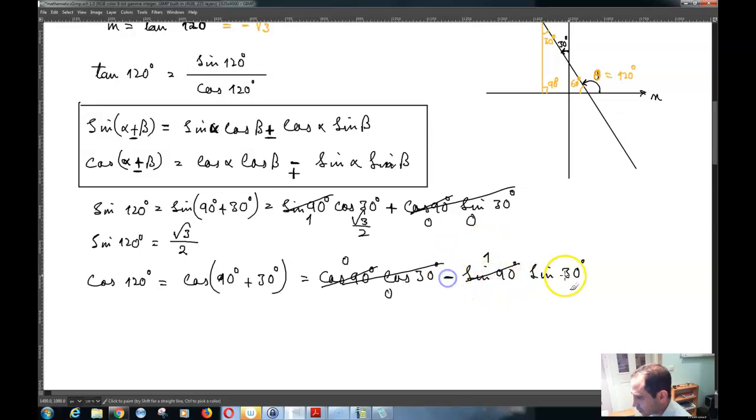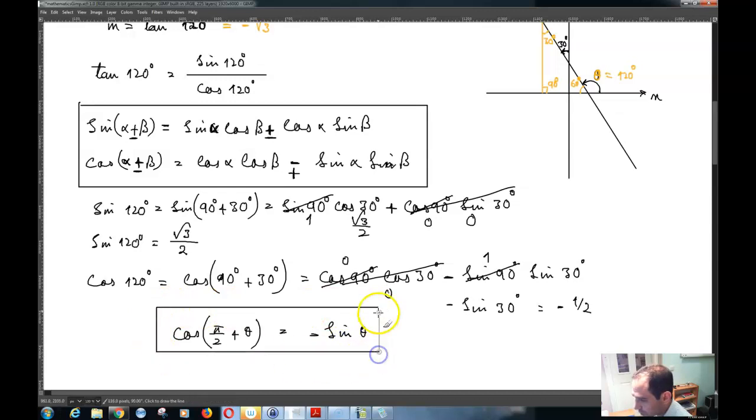So you have negative sine 30 degrees, which is equal to negative 1 by 2. And as you can see, based on this you can write cos of pi by 2 plus theta is equal to negative sine theta, and then you can use this formula as many times as you want. But in this particular case, cos of 120 degrees is equal to negative 1 by 2.